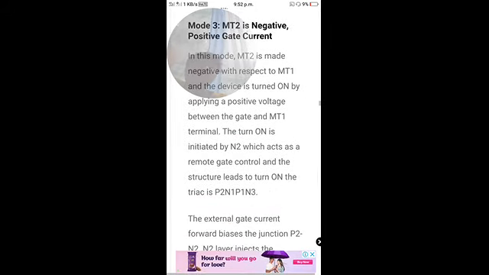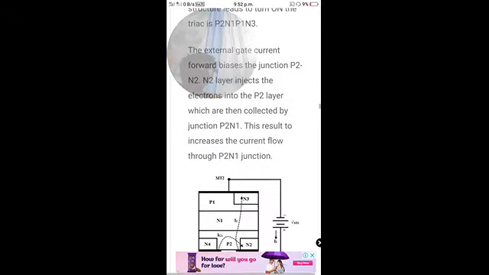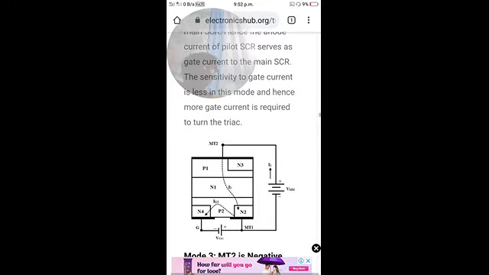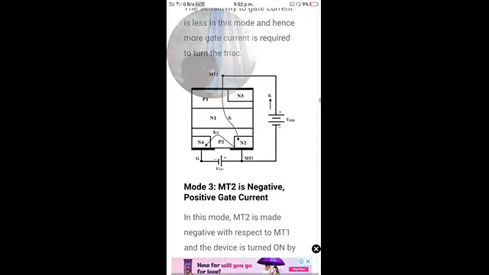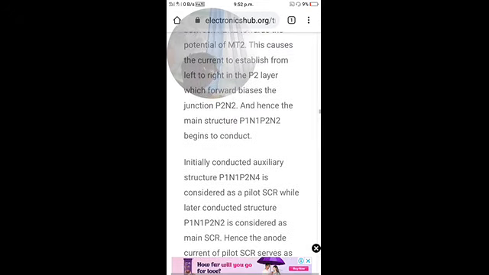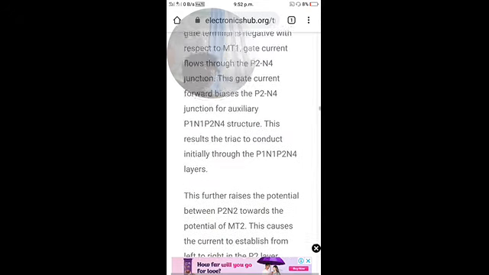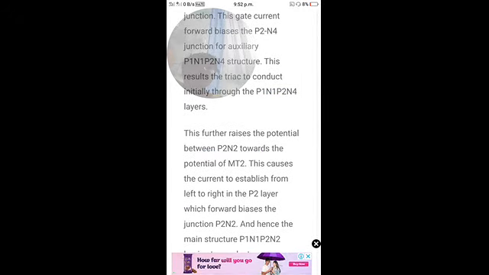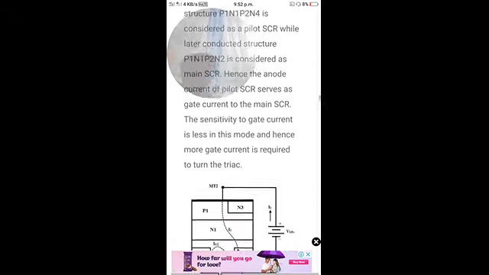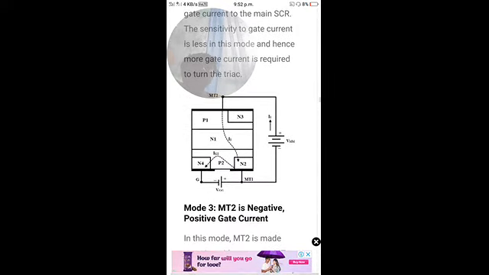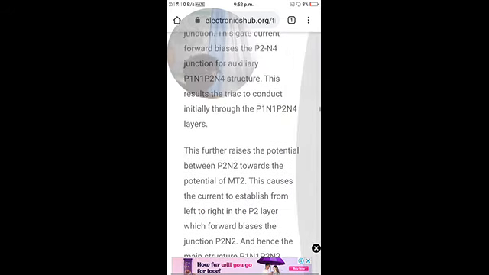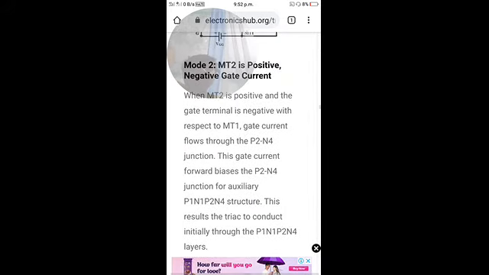So in mode 2 of operation, we are now studying mode 2 of operation.